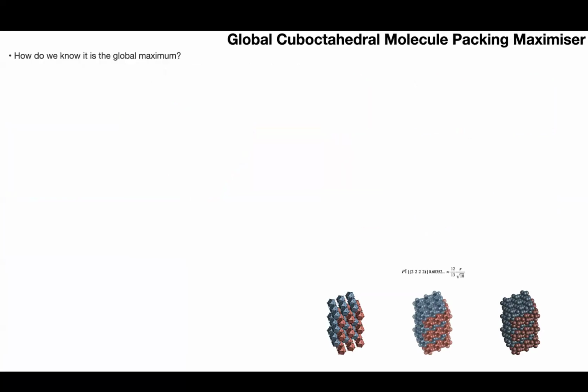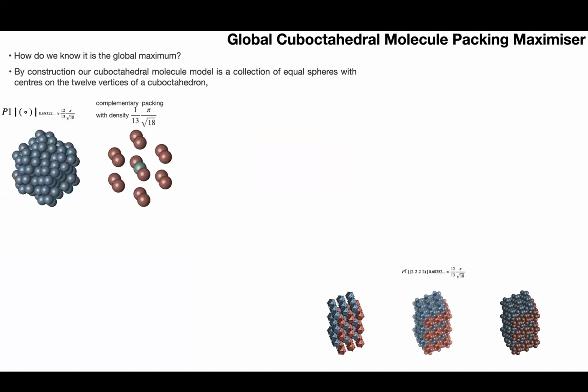Is this really optimal, globally optimal without any symmetry? The answer is yes. The density is actually 13th of close packing of spheres.